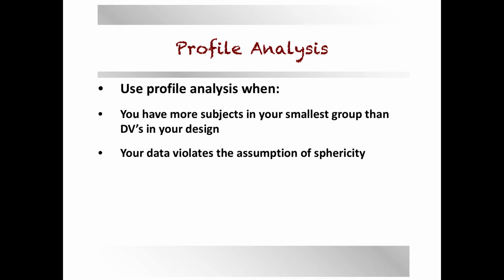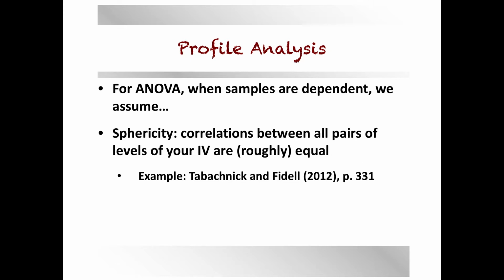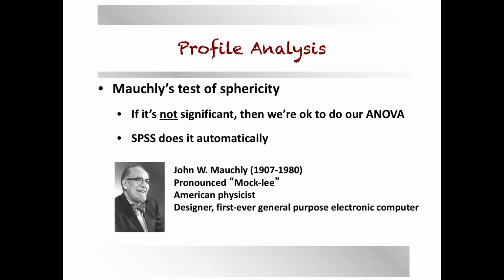Going back one slide, if our data violates the assumption of sphericity, then we're using profile analysis. This is the sphericity test that is printed in SPSS. It is named after John Mauchly, whose name is pronounced Mauchly, and who designed the first ever computer, though his name is more synonymous with tests of sphericity than computers these days.